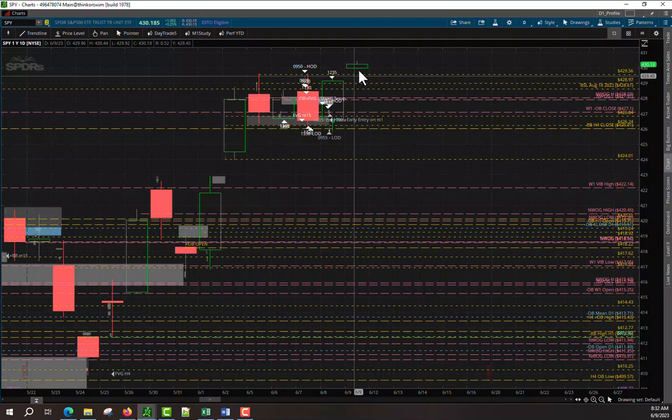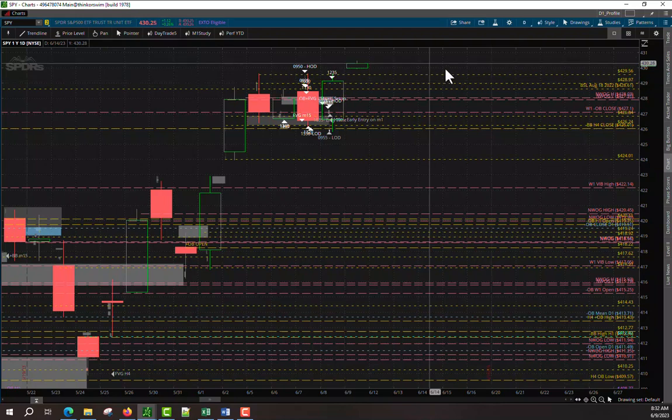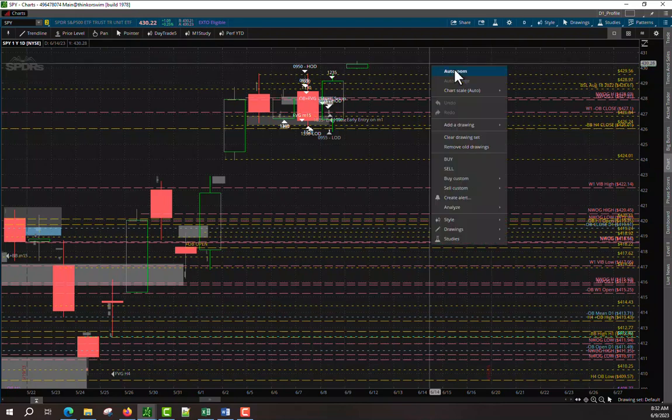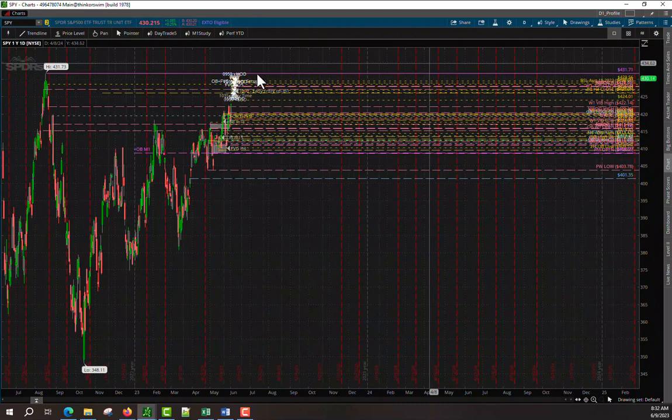For the daily candle, it opened and has a gap right there. Let's see if it's going to continue to go up or go down.